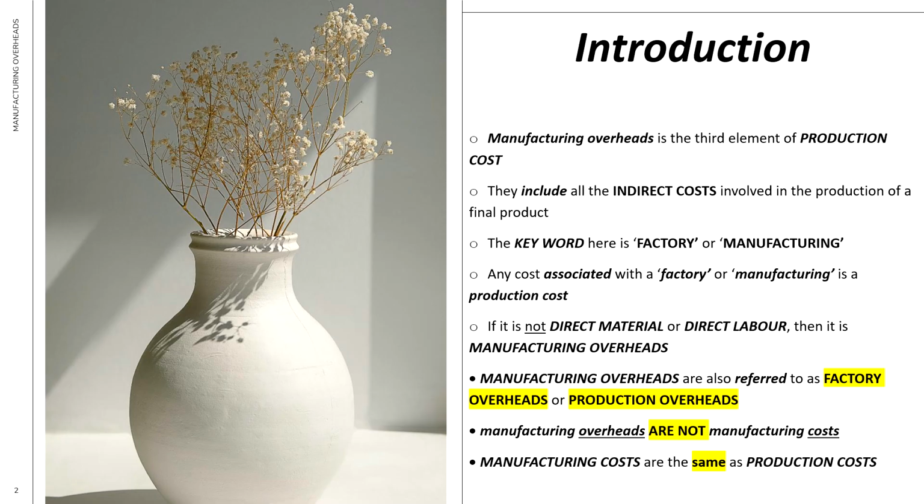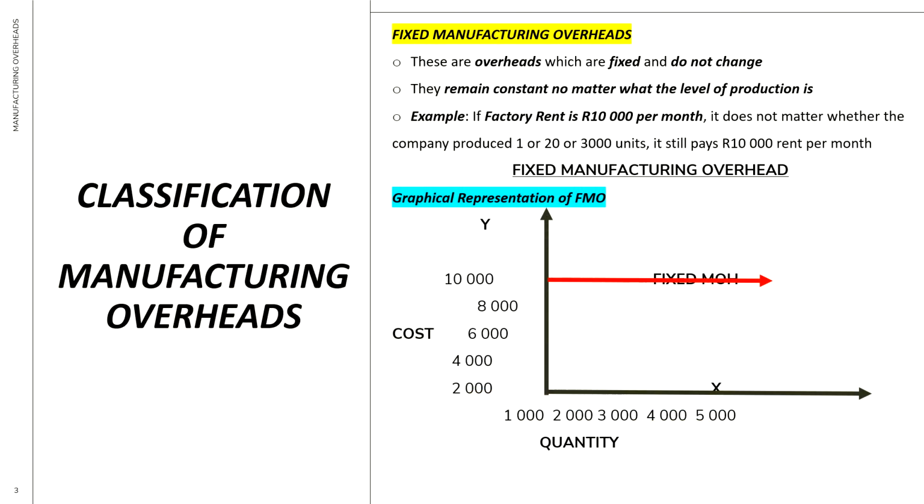Now another thing that we need to know is that manufacturing overheads are divided into a fixed part and a variable part. So a fixed part is those manufacturing overheads that do not change. They do not vary according to how many units are produced.